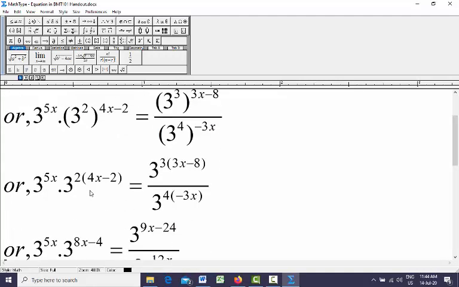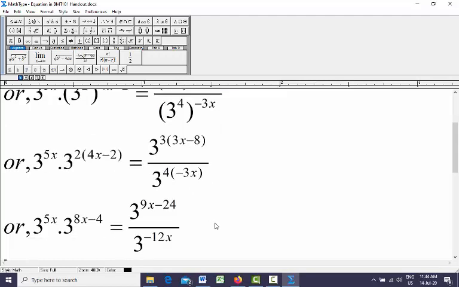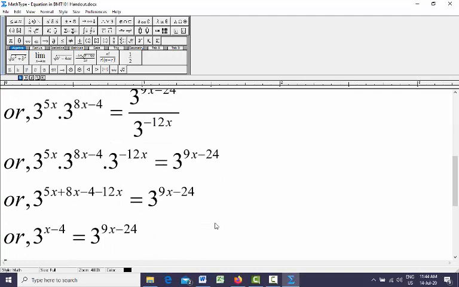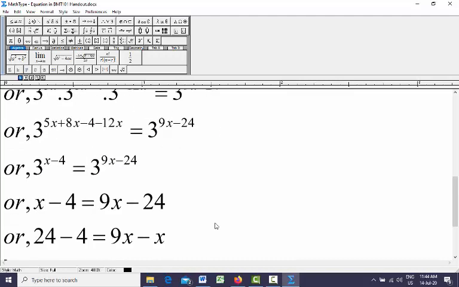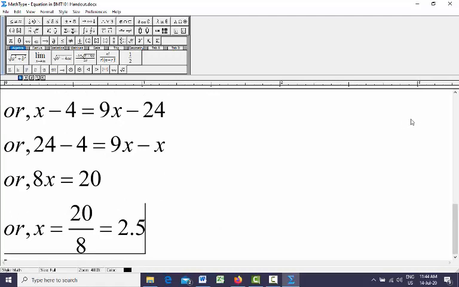So 8x minus 4, this is correct. Yes, it's fully correct.